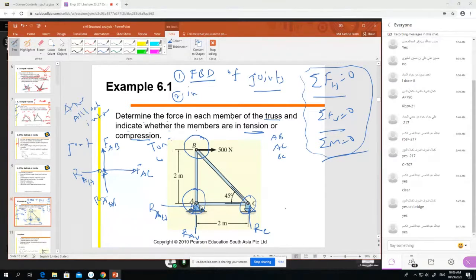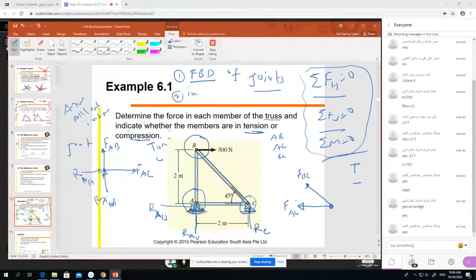For joint C, what will it be like? Joint C, again, and we don't know whether force AC is compression or tension. Because we don't know, you can assume anything, but we will usually start by assuming this is tension. Again, force BC, we don't know if it is compression or tension, that's why we assume it is tension. At the beginning we assume all tension, right?